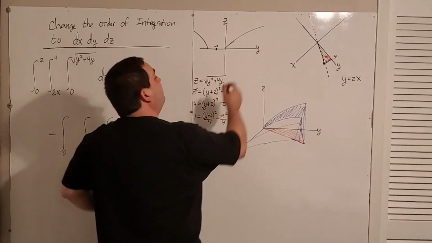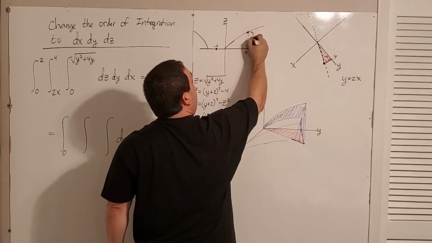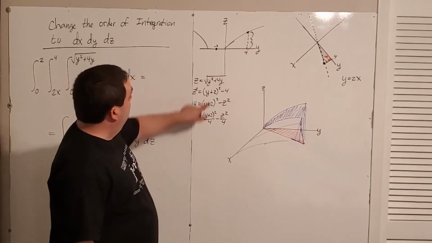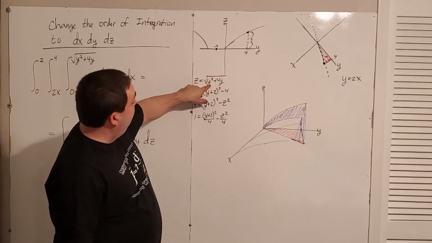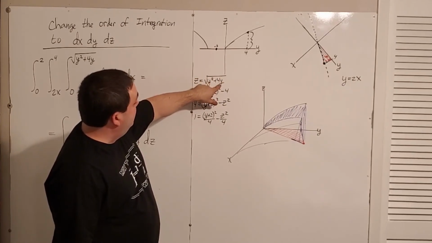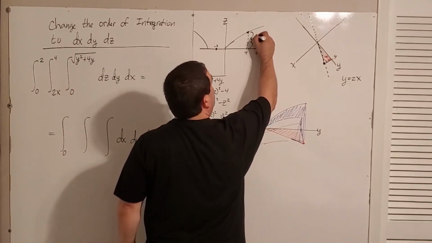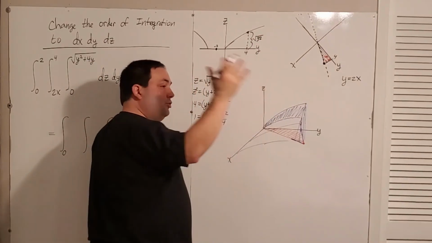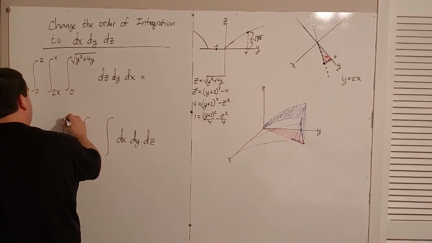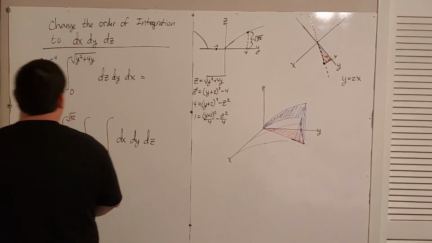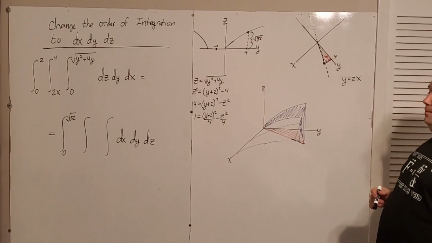So if y is 4, what's the height of this piece right here? Well, if I plug in 4, that's 16 squared plus 6, 4 squared is 16, plus 4 times 4 is 16. It's just the square root of 32, which you can simplify if you want to. That's fine, whatever makes you happy. I'm just going to write it for now. So z just goes from 0 to square root of 32.